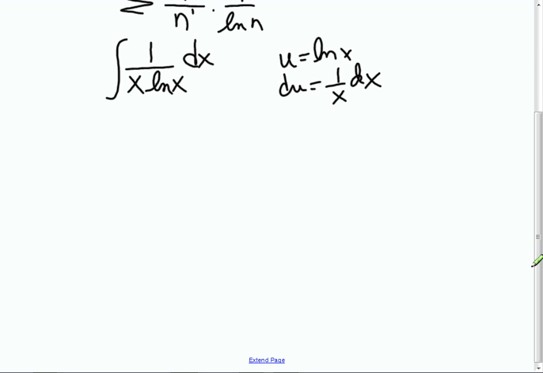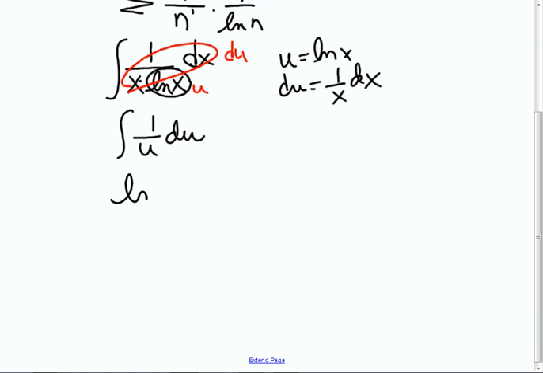So this is u, and the other part is du. So it's 1 over u du. If I integrate that, that's the log of u, and we're going to go from 1 to t.